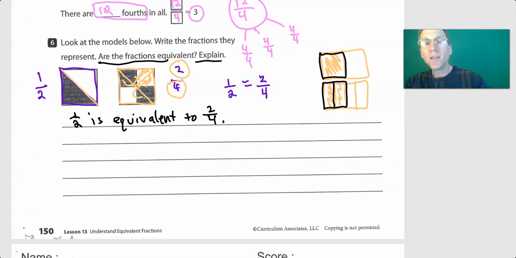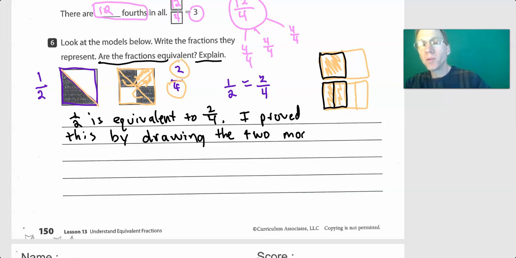And then you could say, I proved this, this is just one way to say it, by drawing the two models, or pizzas, you could call them either one, but in math they usually use models, the two models above.